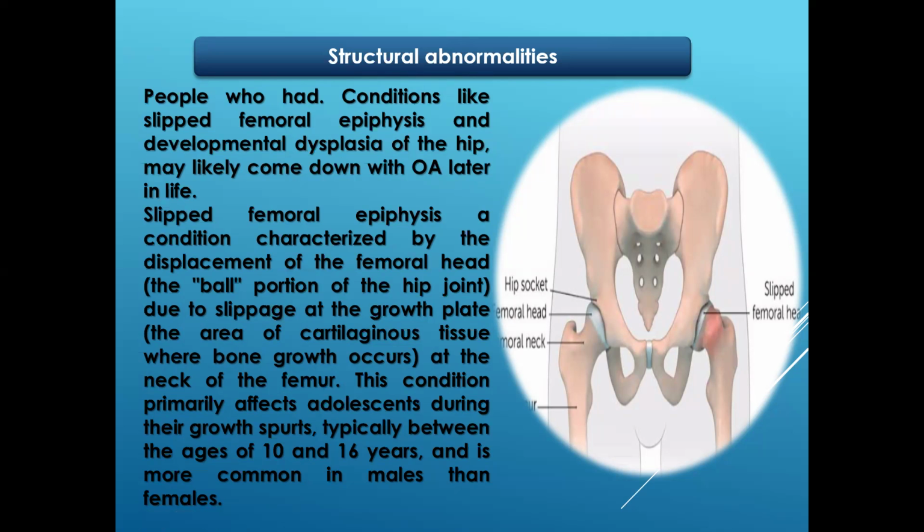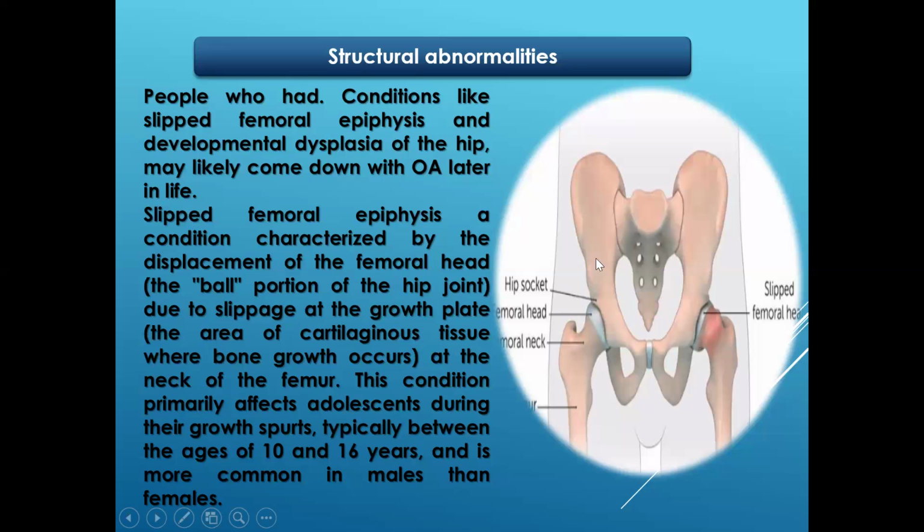People who have structural abnormalities in the past are at higher risk of coming down with osteoarthritis later in their life. Slipped femoral epiphysis is a condition characterized by the displacement of the femoral head, that is, this ball portion of the femur from its particular hollow space.